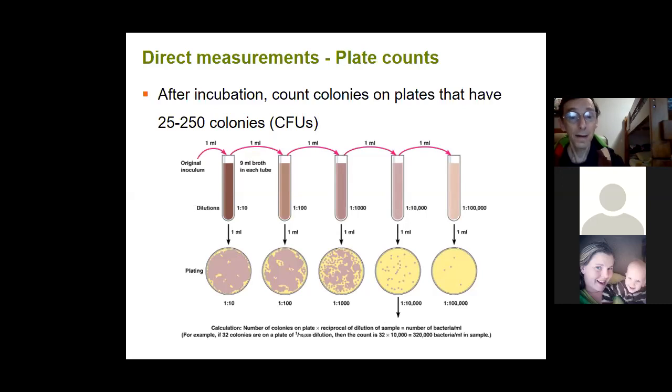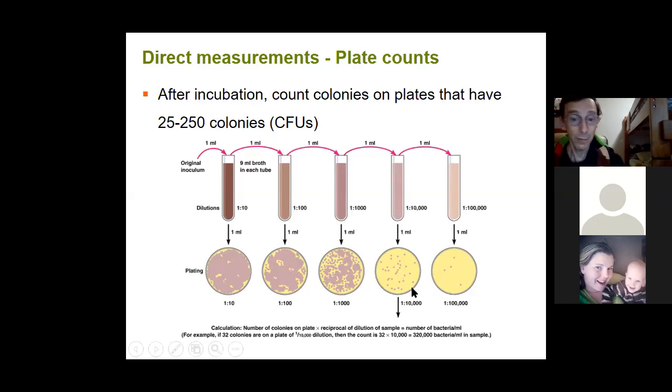But what you want to do is count the plate where there's between 30 cells on the plate and maybe 300, more than 300 or maybe more than 250. There's too many to count, and so the count is thrown off, like we don't know how many colonies are in this blob right here.